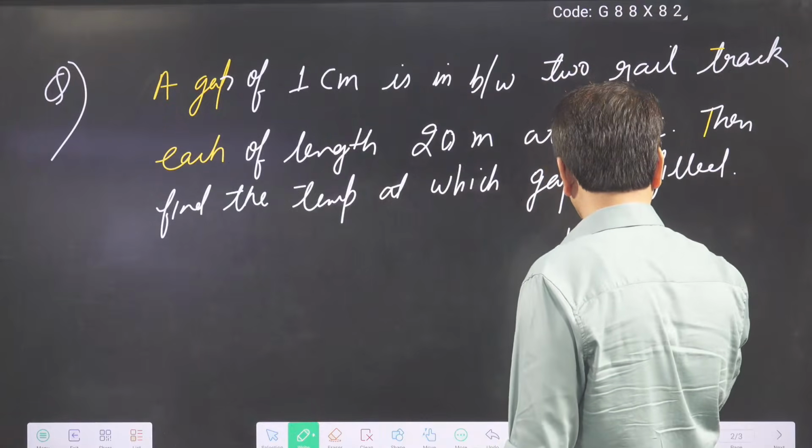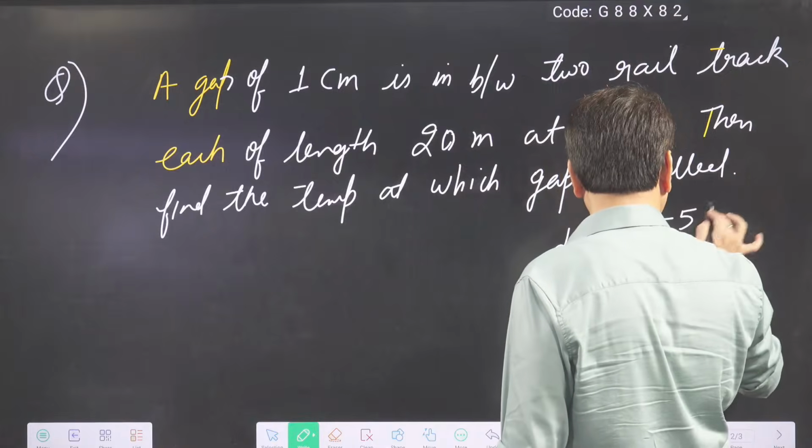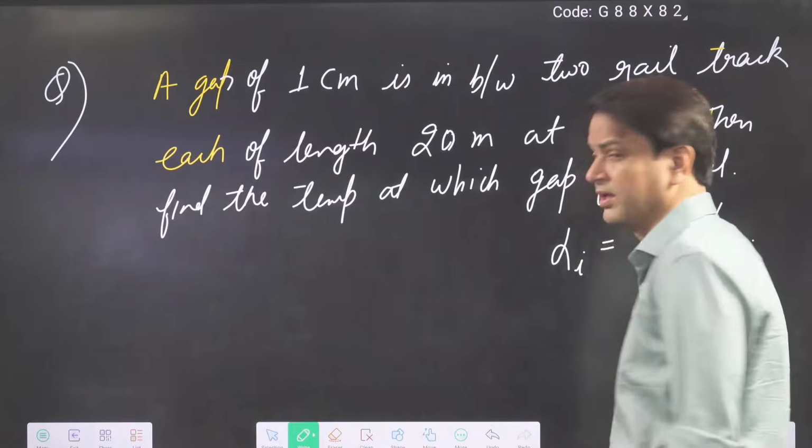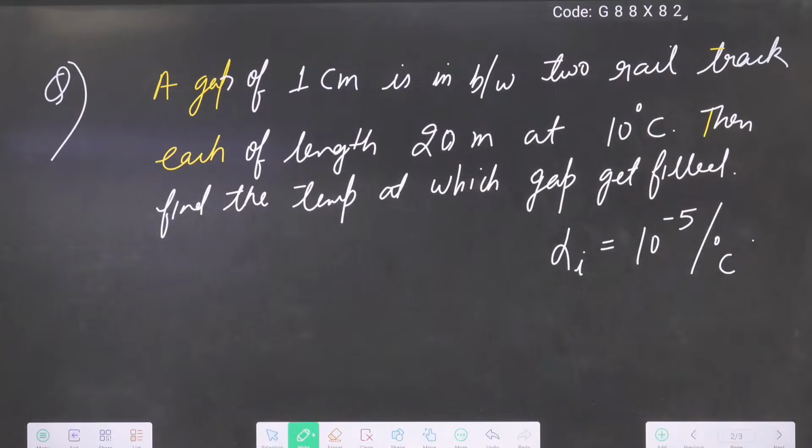Alpha of iron is equal to, for simple calculation, I am giving 10 to the power minus 5 per degree C. So here I gave a gap of 1 centimeter between the two rail tracks. Everybody got?